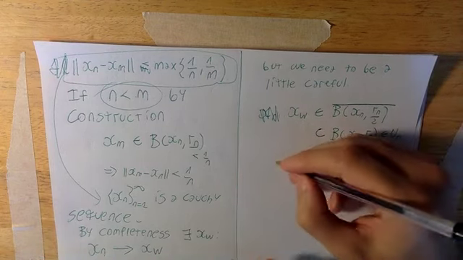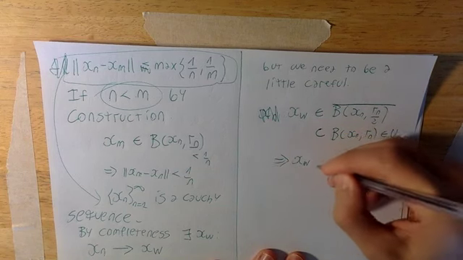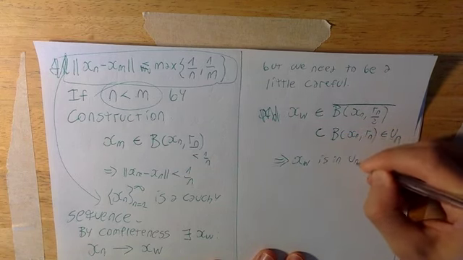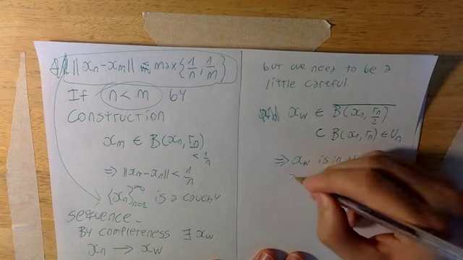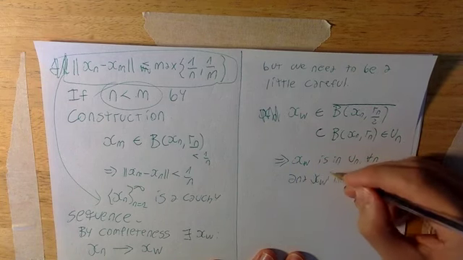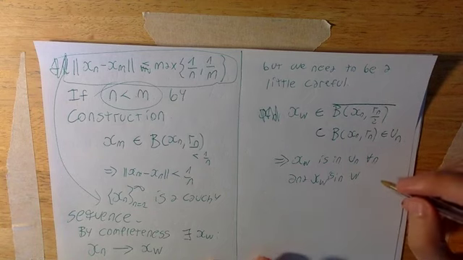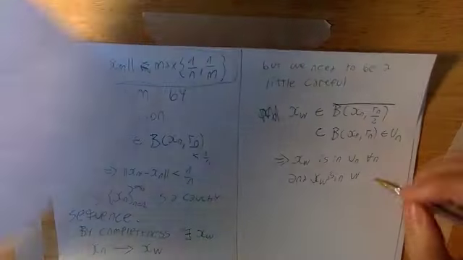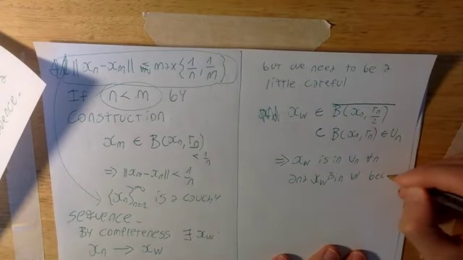So xw is in Un for every n, and xw is in W because of the first step.